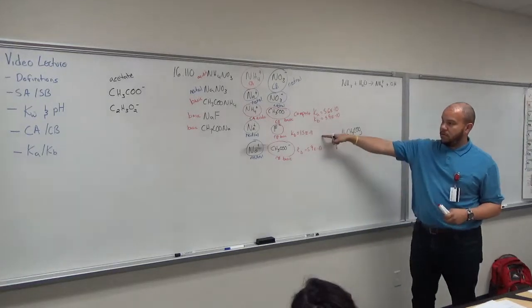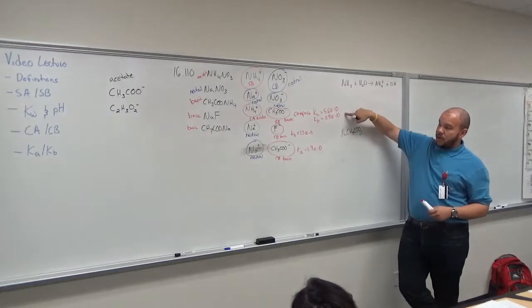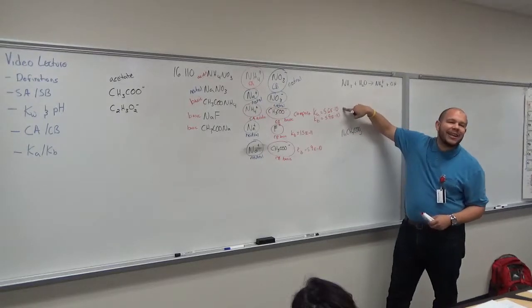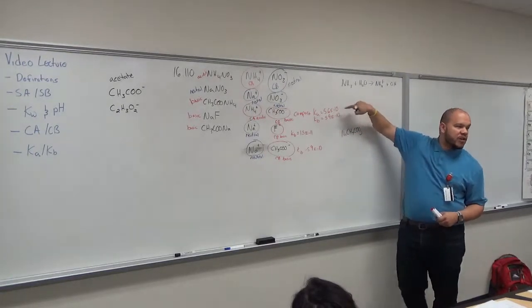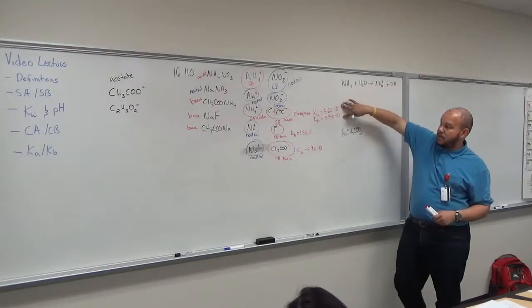Then the basicity here is more than this, but this one is more because we don't have any acid in solution either. Hopefully you see that this has two in solution, both of them roughly about the same.